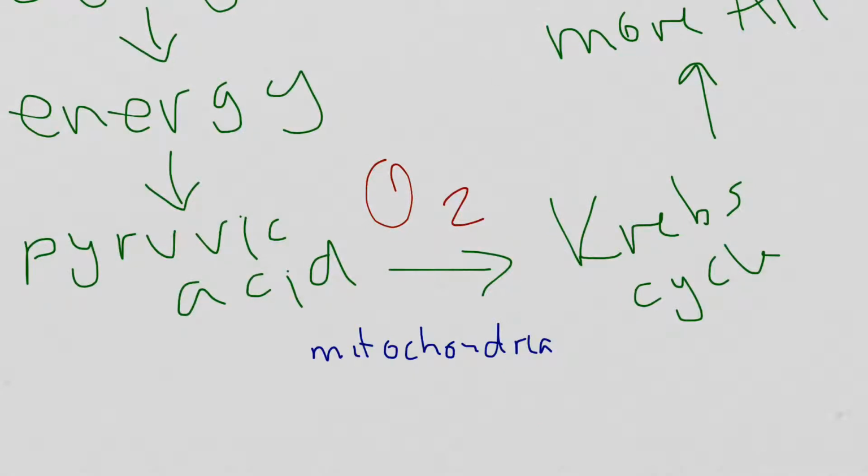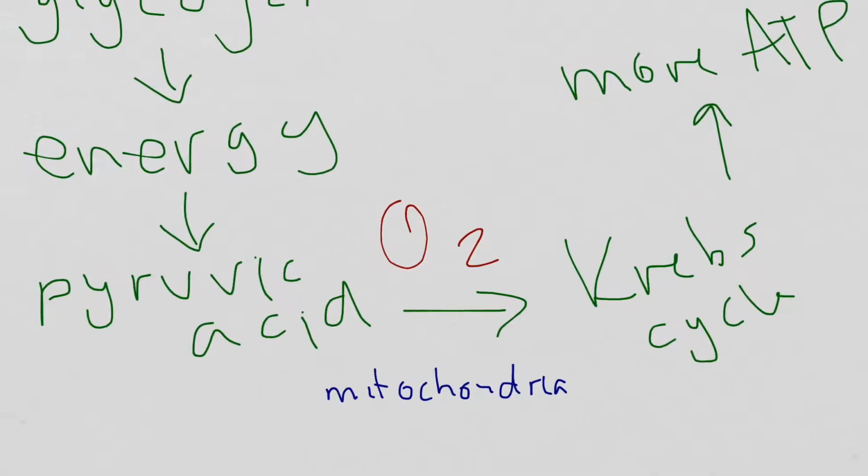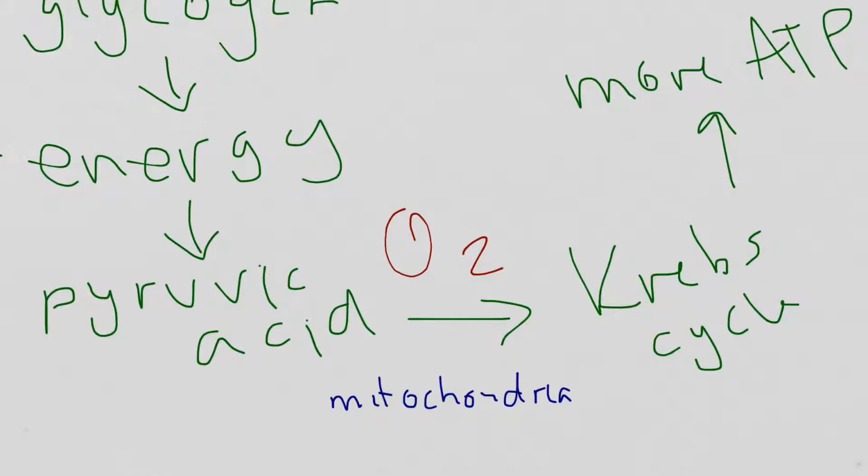So because we do have oxygen, there's a process that happens in the mitochondria, which means that the pyruvic acid moves into what we call the Krebs cycle. We don't really need to know too much about that, but basically the Krebs cycle helps us to produce more ATP, so 36 more molecules of ATP actually. So this whole system does produce us the most amount of energy in the quickest amount of time.